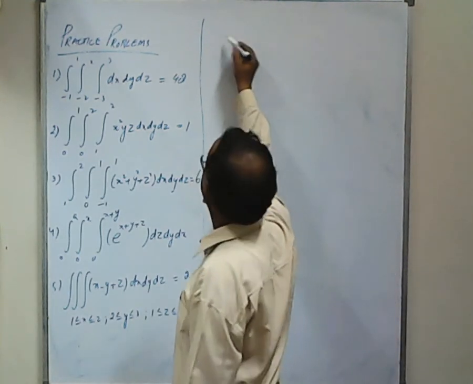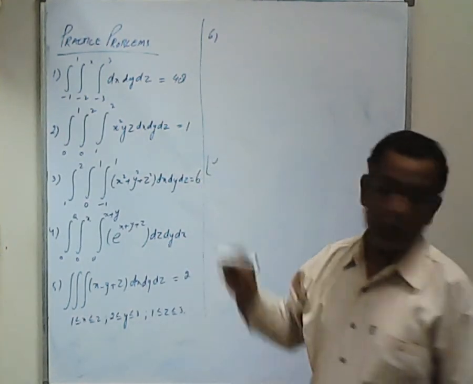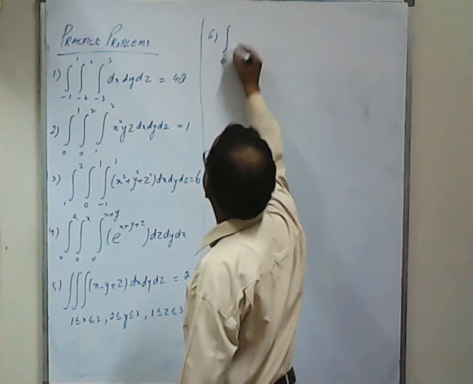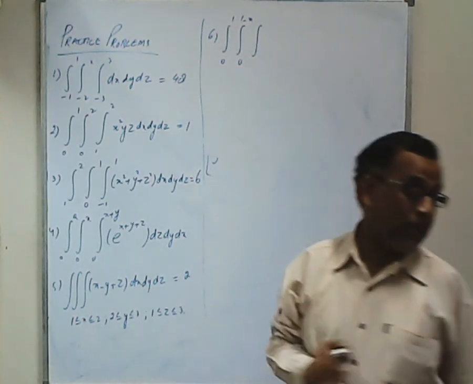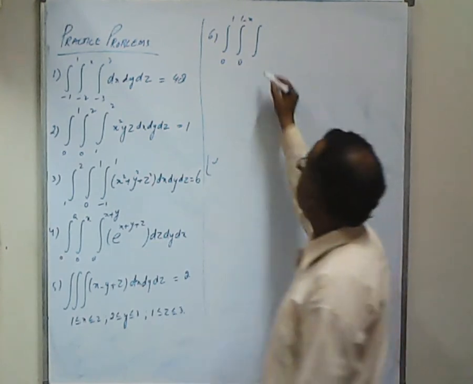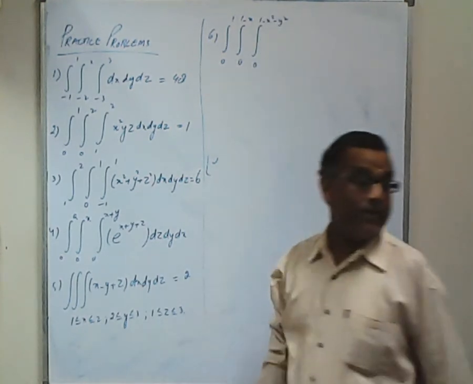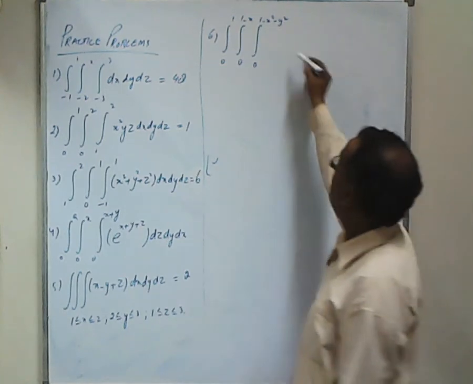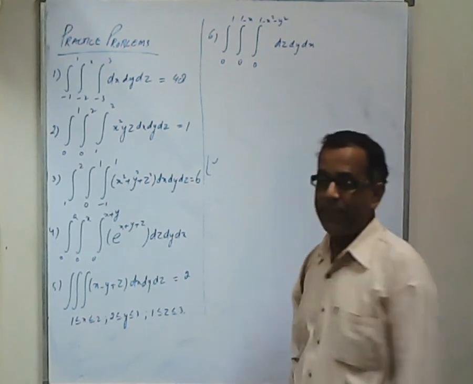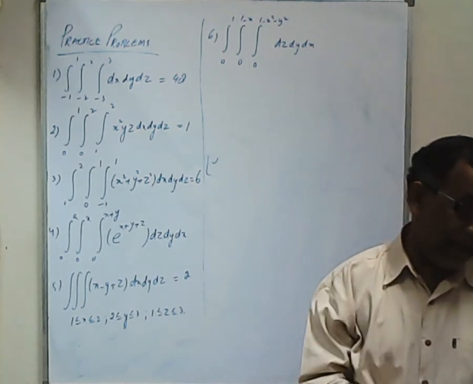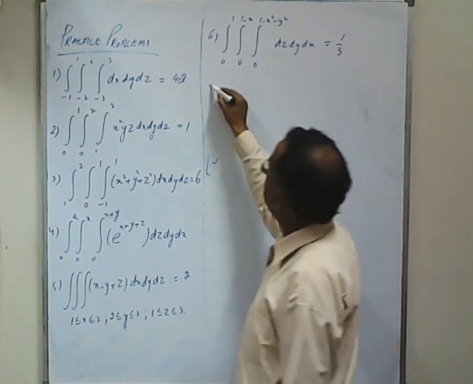In number 6 we have 0 to 1, 0 to 1 minus x, and then we have 0 to 1 minus x square minus y square. It simply means we have to apply dz, dy and dx, z first, then y, and then x, and the answer must come out as 1 by 3.